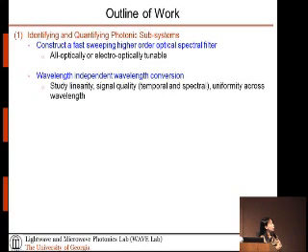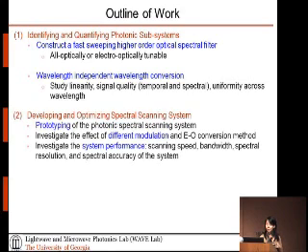And then we'll build a wavelength independent wavelength conversion approach, which will study the linearity, signal quality, and spectrum uniformity. And then we'll develop and optimize the spectral scanning system by prototyping it using the subsystems that we built. And then we'll study different system performance and the different modulation approaches that we can have.